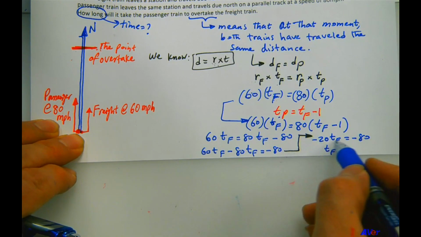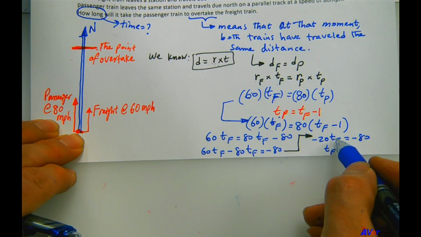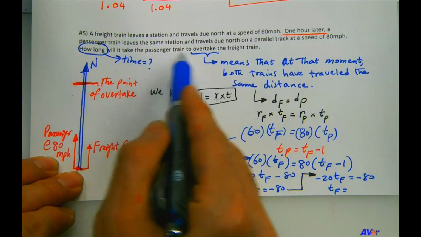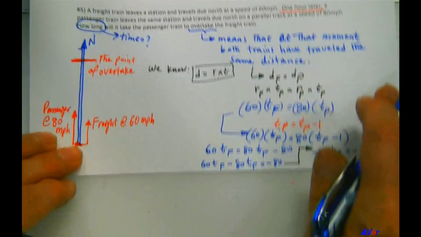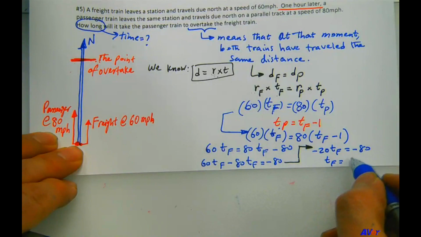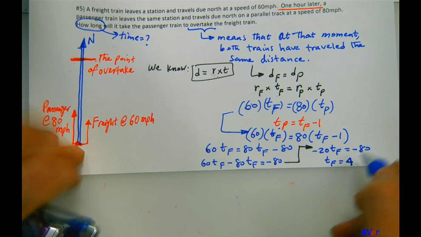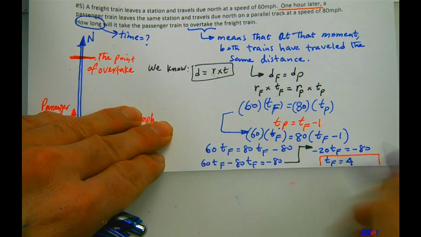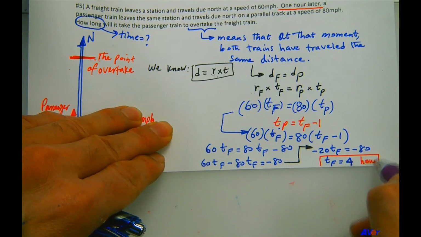Because T, the time of travel for the freight train, is what is in question. See, how long will it take the passenger train to overtake the freight train? So that'll be minus 80 divided by minus 20, so that's 4 hours. Okay? 4 hours.